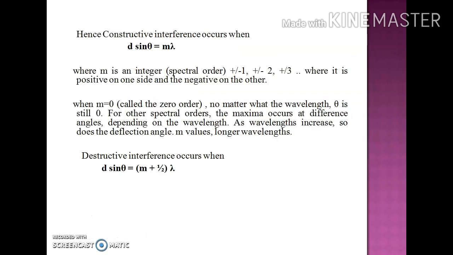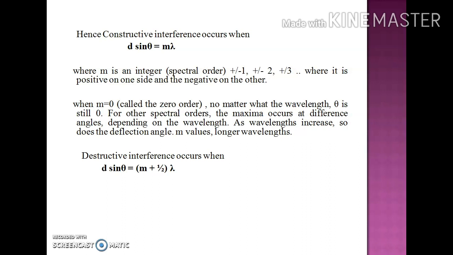As I have already told you, we will get a constructive interference when this path difference d sin theta is equal to m lambda, right? And if m is equal to 0, that will correspond to the 0 order, the central one. Here, no matter whatever the wavelength is, theta will be 0 in this case.